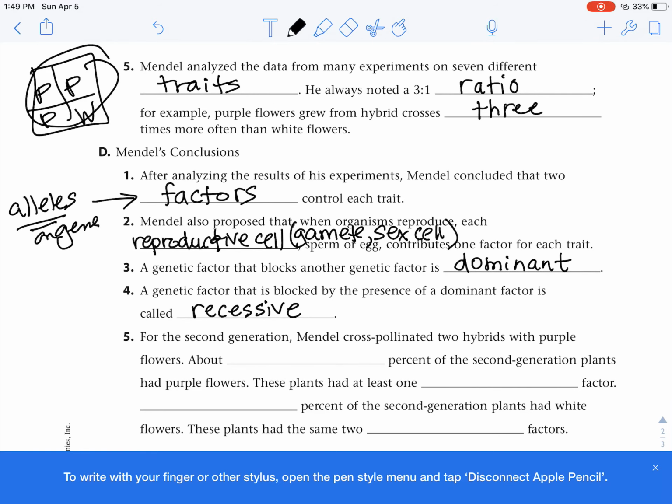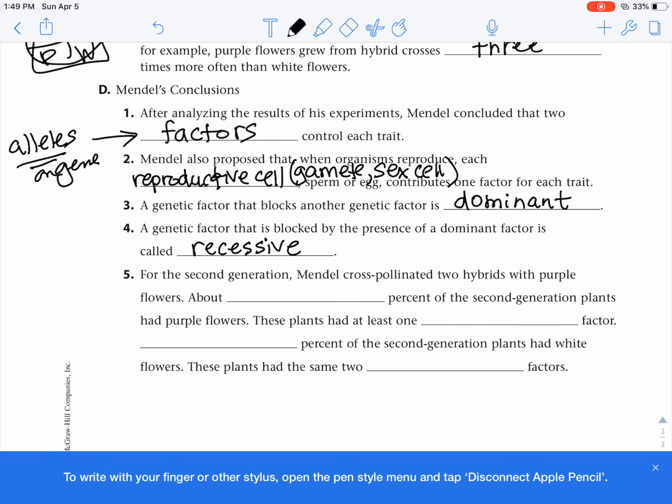So for the second generation, Mendel cross-pollinated 2 hybrids with purple flowers. About what percent of the time did the second generation plants have purple flowers? It was 75% of the time. And these plants had at least 1 dominant factor. 25% of the time, the second generation plants had white flowers. These plants had the same 2 recessive factors. All right.